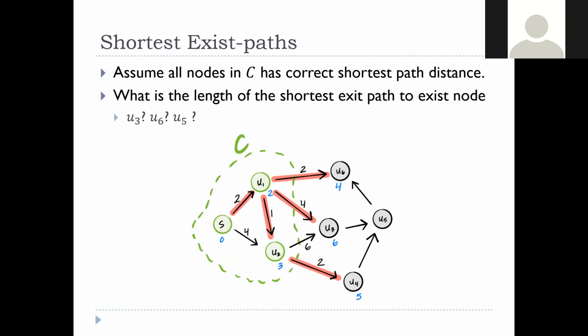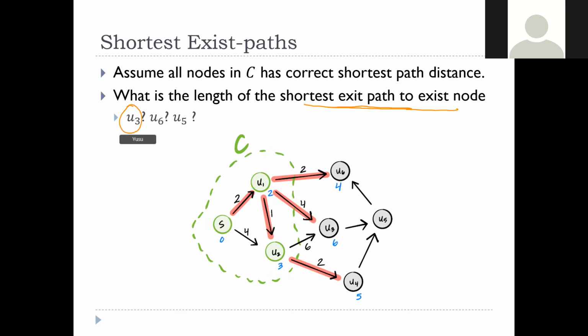Now, suppose in this example, for all the nodes inside set C, we have already computed the correct shortest path distance, and the ones outside are those estimates that our algorithm maintains. If we just look at this picture, what is the length of the shortest exit path to an exit node, say U3?